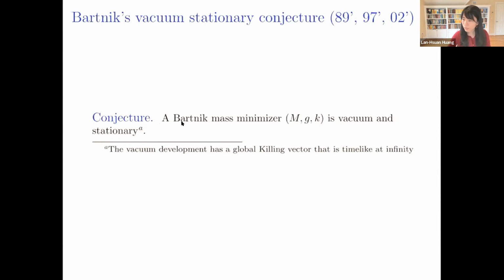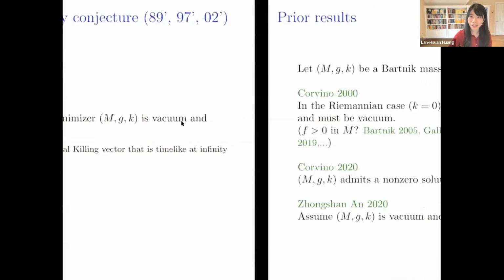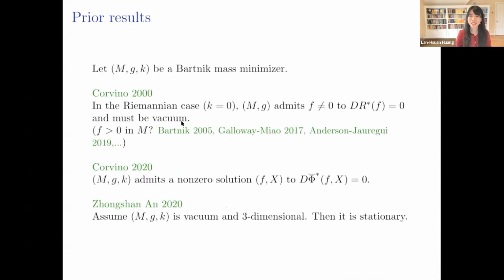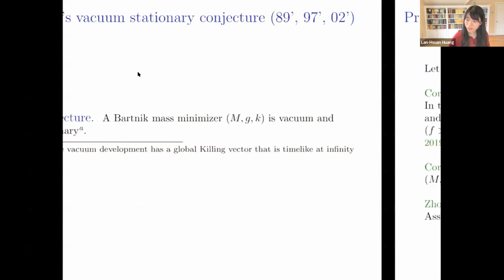But it turns out this very sophisticated work like I mentioned earlier didn't work for the equality case. It turned out we found another proof for the equality case. But fortunately, we can still say something about this Bartnik vacuum stationary conjecture.